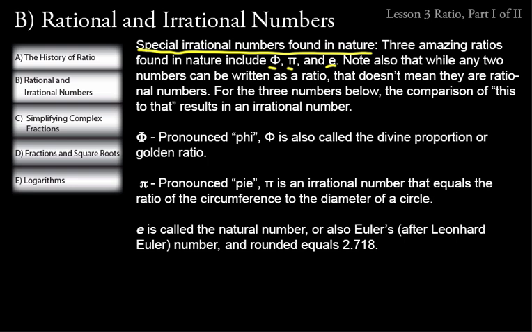So phi, that's the first one here, is also called the divine proportion or golden ratio, like we talked about before.